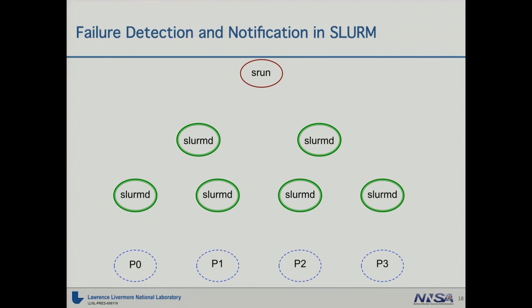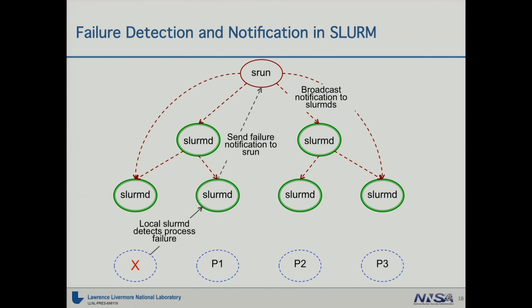If we have a failure in process 0, there is a notification to the Slurm process that handles that MPI process, right? And then that process notifies the main Slurm process, which then broadcasts information to all the other processes to allow the reinitialization of the MPI library.